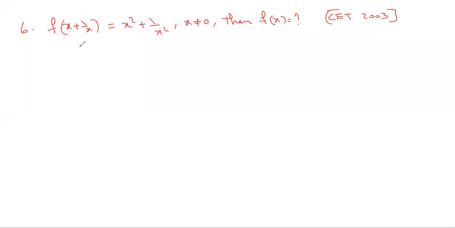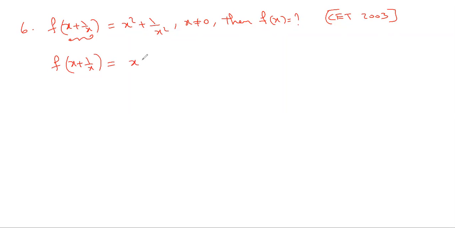What you need to do: the input is x plus 1 by x, then the output is like that. So you should write the output in terms of input. That means you readjust x square plus 1 by x square in terms of x plus 1 by x.